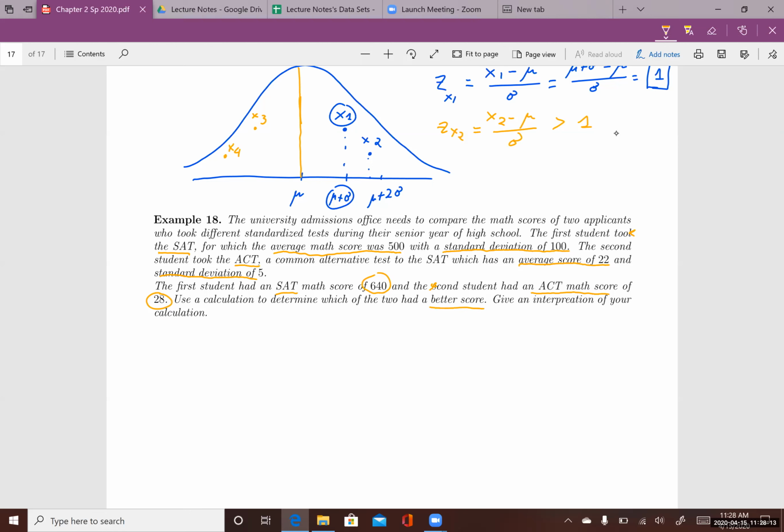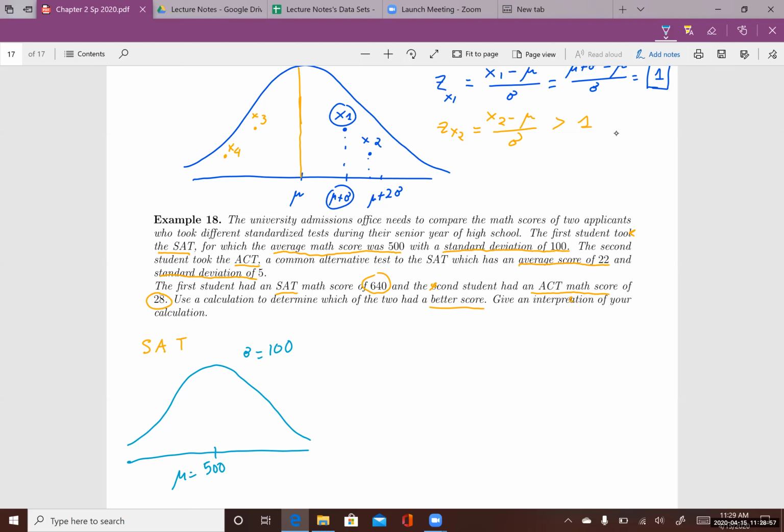Give an interpretation of your calculations. All right, so again, there are 2 different tests that have 2 different distributions. One has a higher mean and higher standard deviation. One has a lower mean and a lower standard deviation. Then I can come up with the 2 distributions for the SAT and ACT tests. So for SAT, the mean is 500 and the standard deviation is 100.